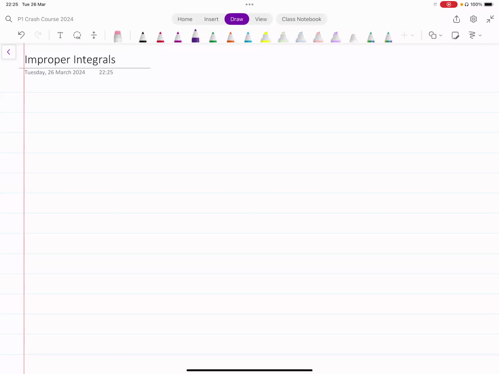Now let me give you an example of that. Let's say you have this function y equals 3 over x squared, right? Now, what does the graph of this function look like? You've done graphs like these in O levels. How would you draw a graph of a function like this?